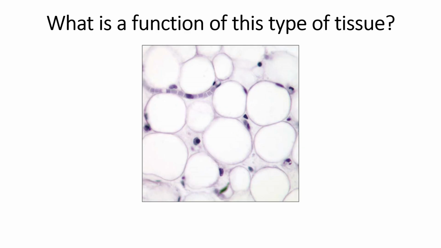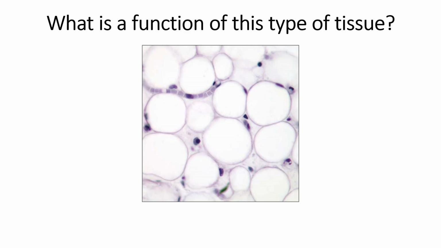Do we see fibers? No. So if we know it's connective tissue proper and we don't see fibers, it has to be connective tissue proper loose. So then, is it areolar? We don't see fibers.